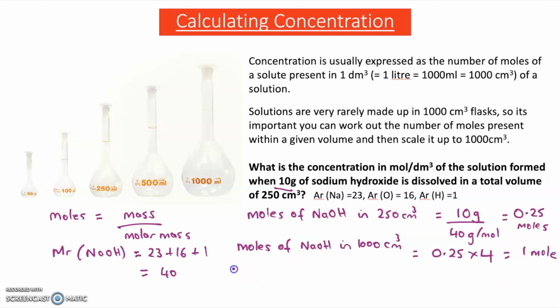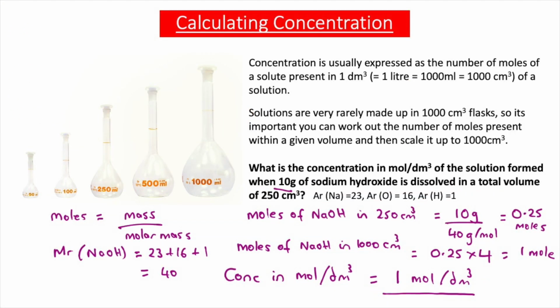And that would be the concentration, because concentration is just moles in 1,000. So therefore the concentration is 1 mole per decimeter cubed, because I would have 1 mole in 1,000 centimeters cubed, and a decimeter cubed is 1,000 centimeters cubed. So the concentration in moles per decimeter cubed is 1 mole per decimeter cubed.